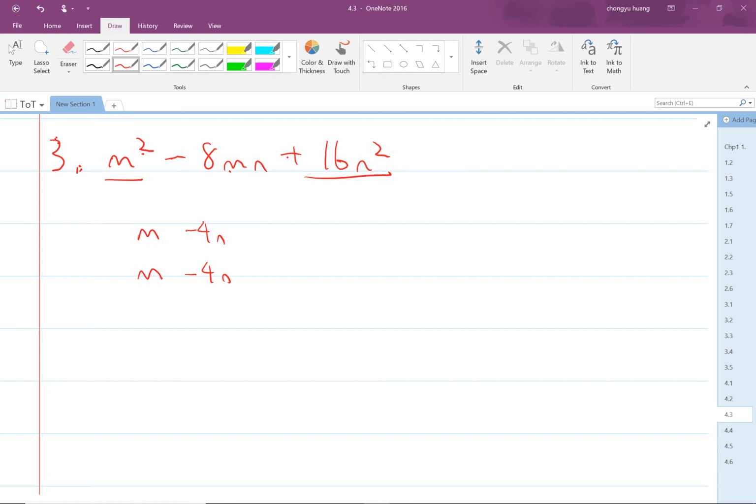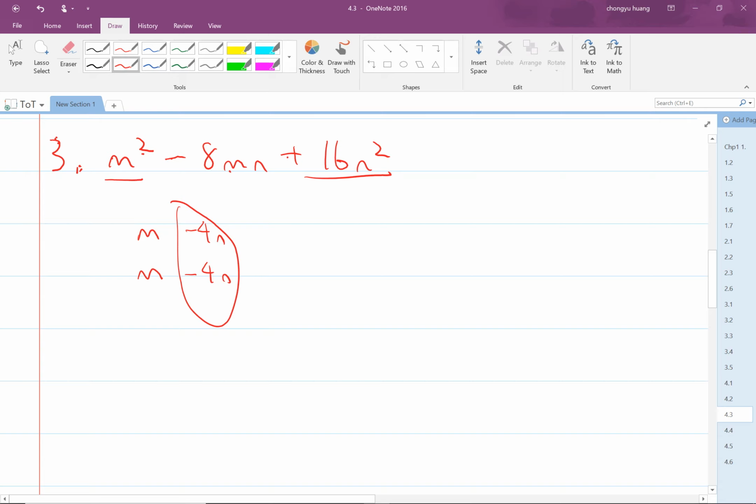Like over here we got negative 4 and negative 4, and for most questions you think for some seconds and then you should be able to find the right combination.